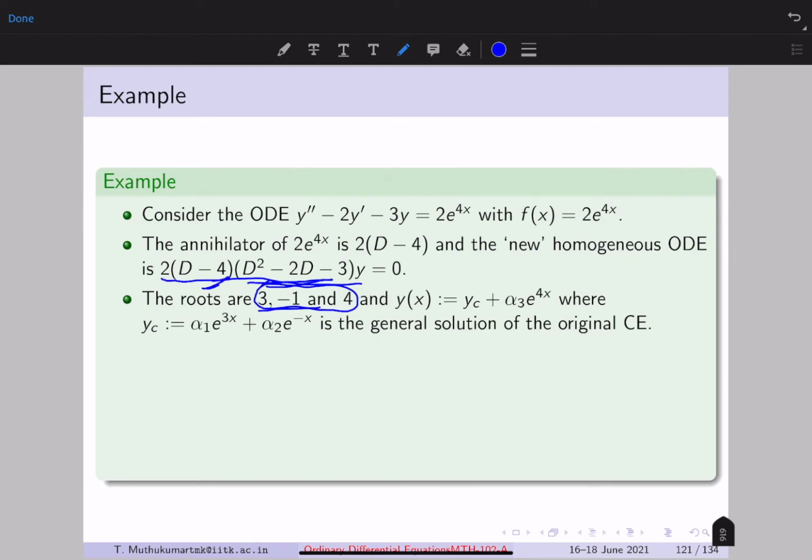So what is your general solution? Your general solution is the linear combination of these 3, that is alpha 1 times e power 3x, alpha 2 times e power minus x, and alpha 3 times e power 4x. Alpha 1 and alpha 2 are generic as in a general solution. What you need to find is just this alpha 3, which is the undetermined coefficient.